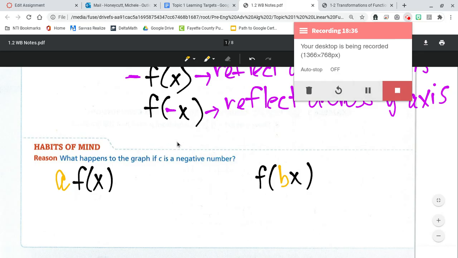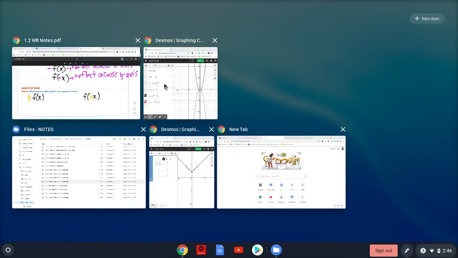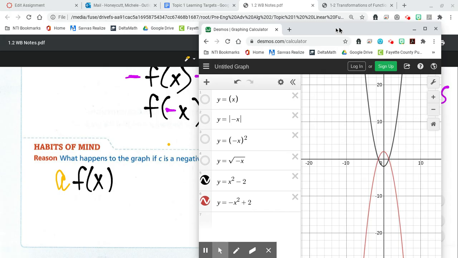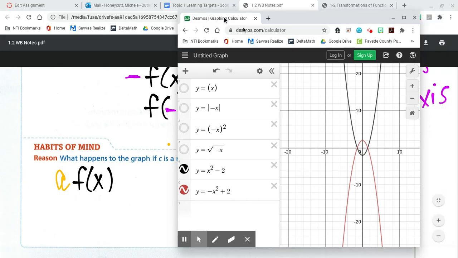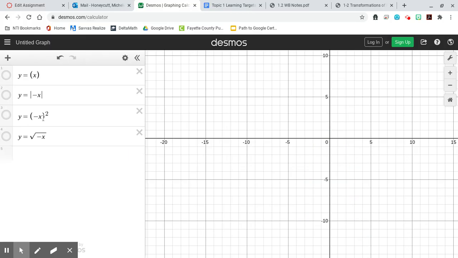All right, our next transformation deals with what happens when you multiply the function by a number. So going back to Desmos, pull that back up here. Okay, let's get rid of these, do my parent functions. Okay, make sure all these negatives are gone.